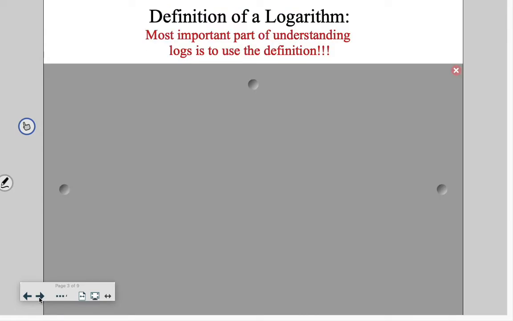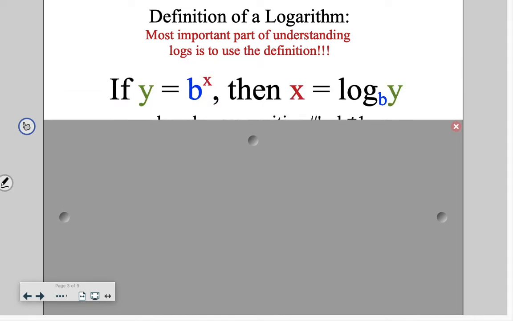Okay? All right, here's your definition, probably the most important part. Being able to work back and forth between exponential and logarithmic form. We're going to come back to this definition multiple times throughout the chapter and use it. And that's why I say it's probably the most important part. And here's the definition right here.